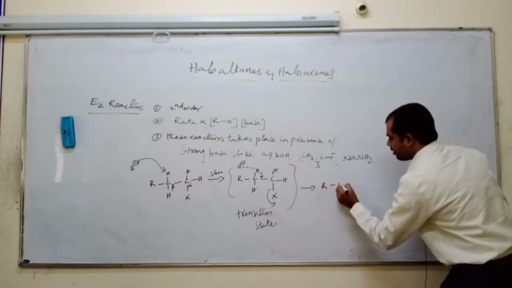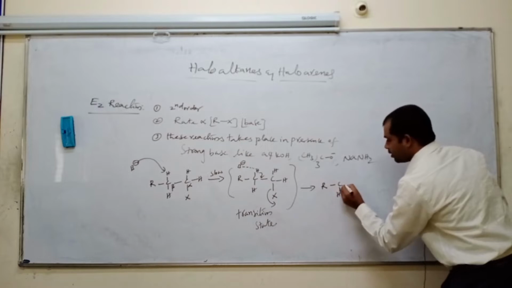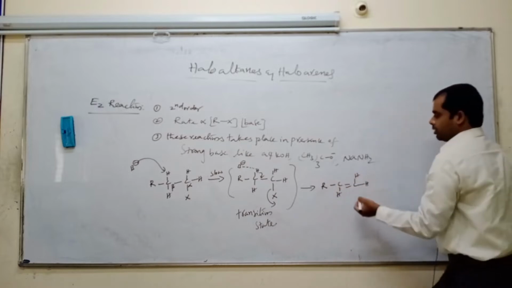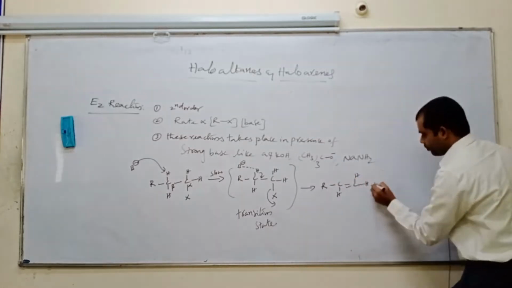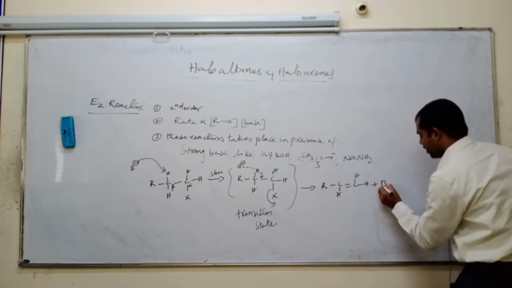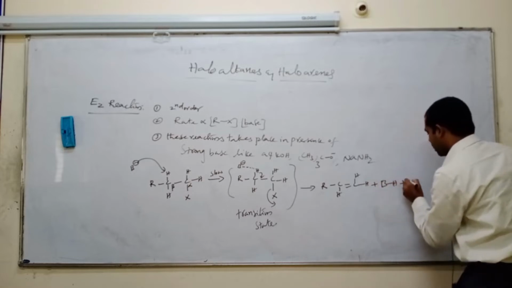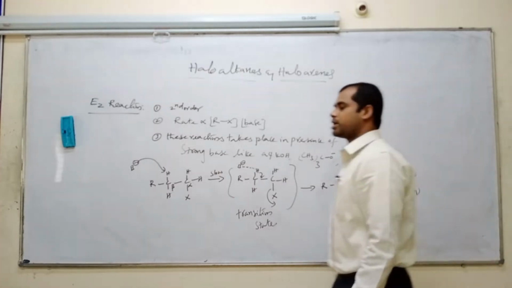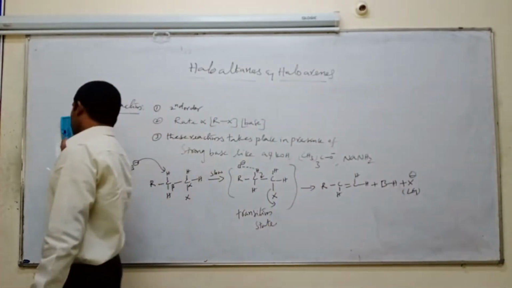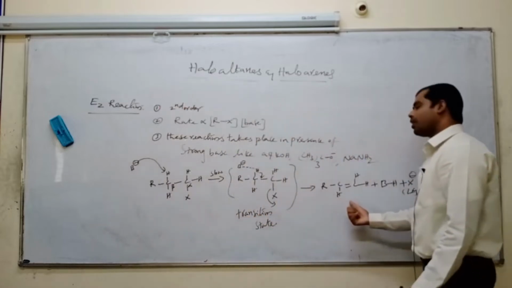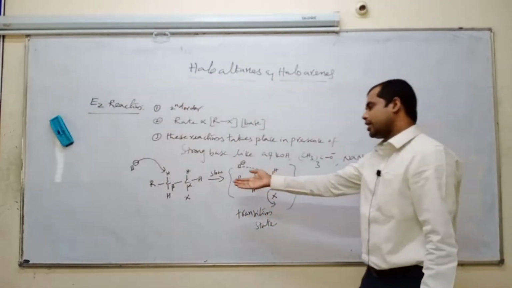Then we can see RCH double bond CH, and they form the base with a proton. The halide goes outside as the leaving group. This is the general reaction of E2. So an alkene is obtained.